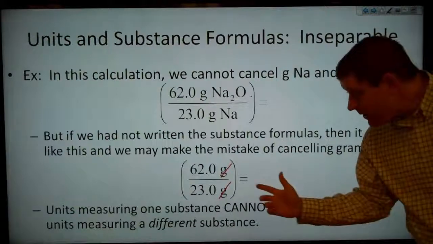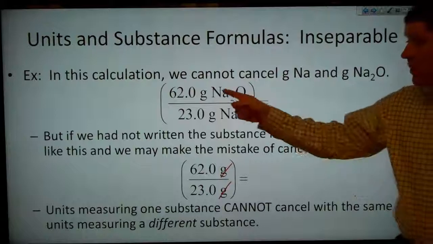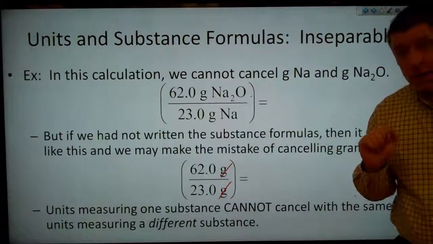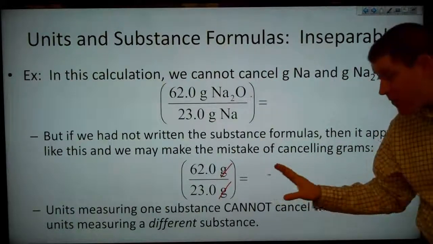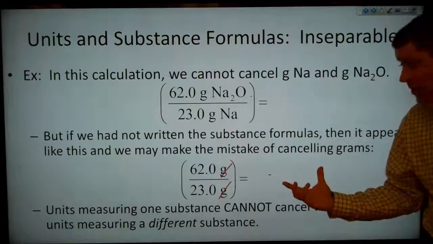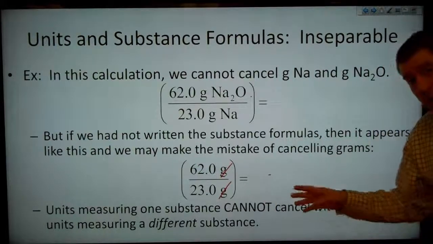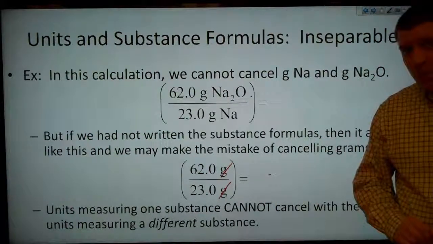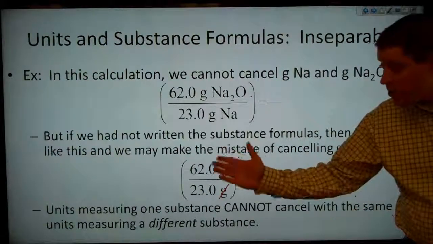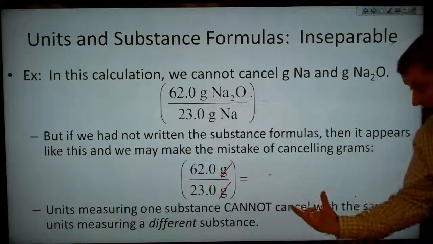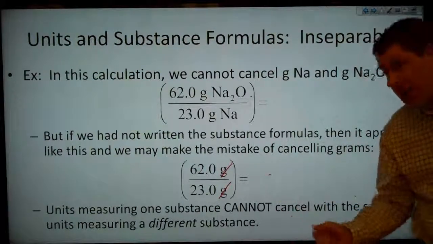And now, our answer over here would be unitless, whereas up here, our answer is a ratio between mass of sodium oxide and mass of sodium. Here we have a unitless number that doesn't tell us as much, and this calculation then would give us a unitless number, which is not really what we have. We really have this ratio between masses.